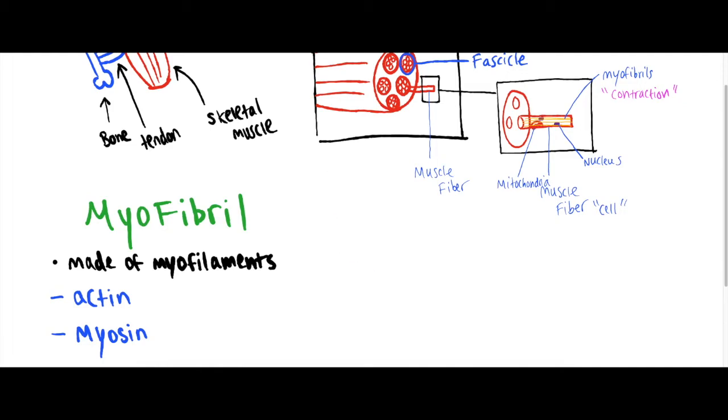So how do they look, and how are they organized? Well, we kind of drew it right here in a sense. The myofibrils are inside the muscle cell or the muscle fiber. But if we zoom in on this section right here, let's look at what that myofibril looks like.